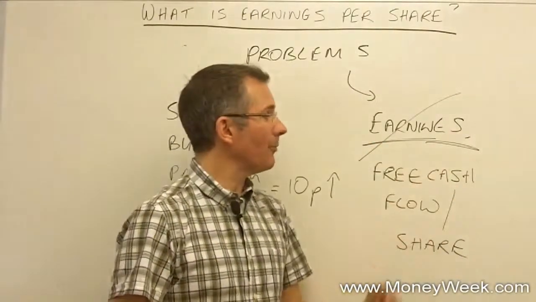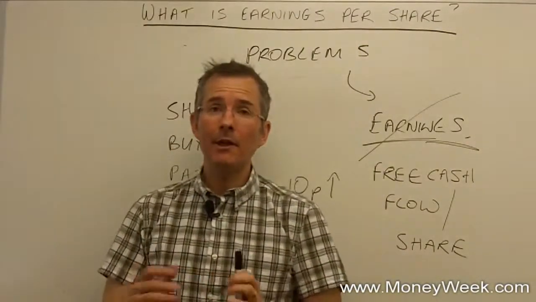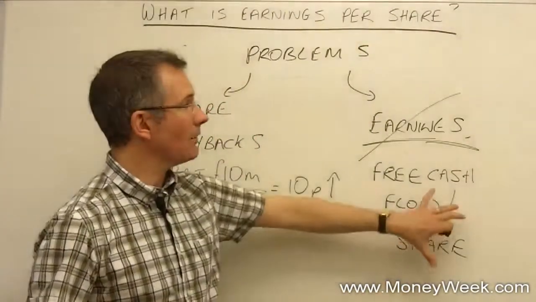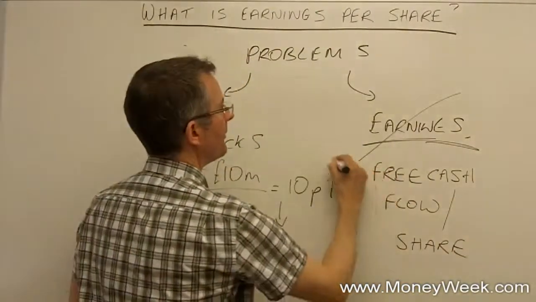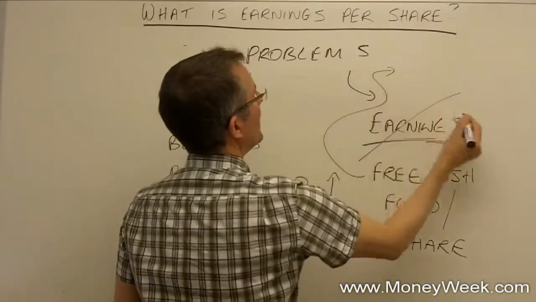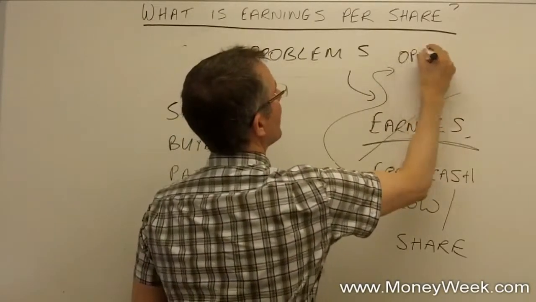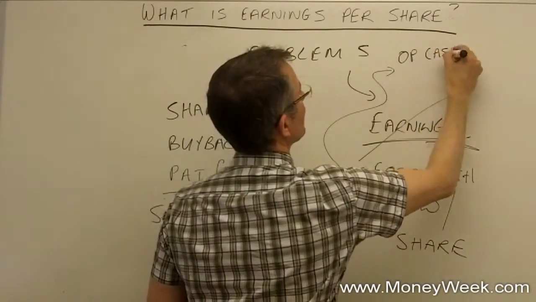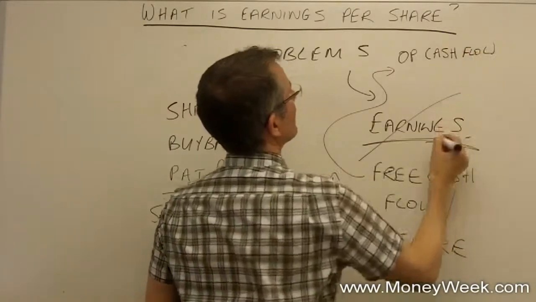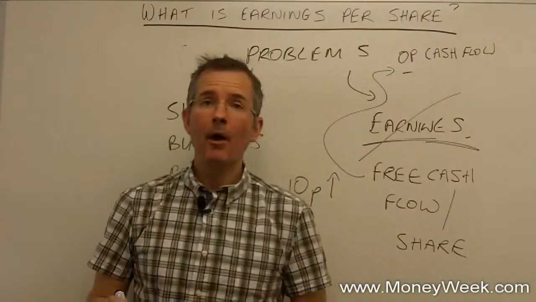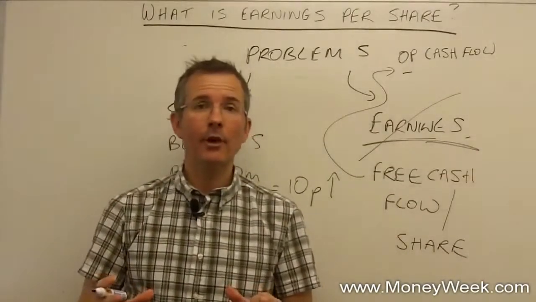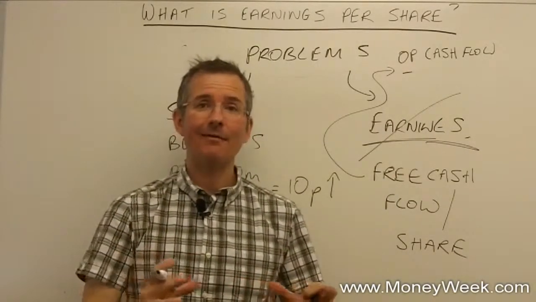So free cash flow per share, something we'll pick up in another video, but essentially says actually EPS isn't really good enough, so instead let's take operating cash flow, deduct a little bit for essential capital expenditure, on the basis that to run a business you've got to spend something on maintaining fixed assets.